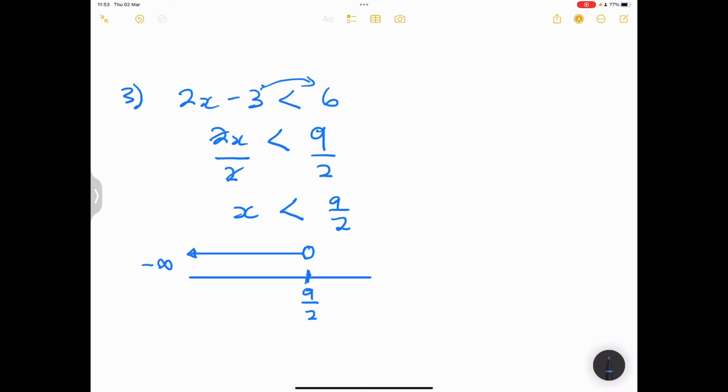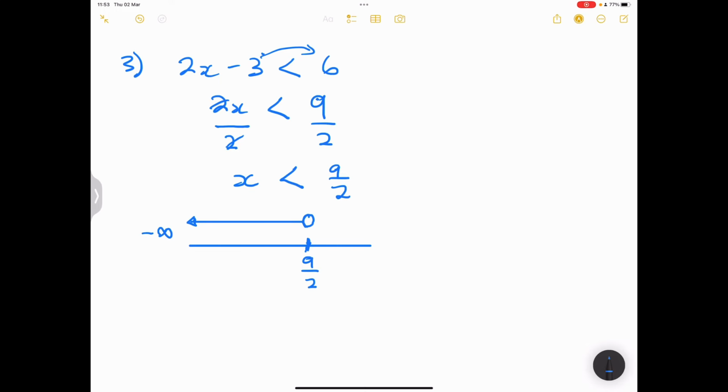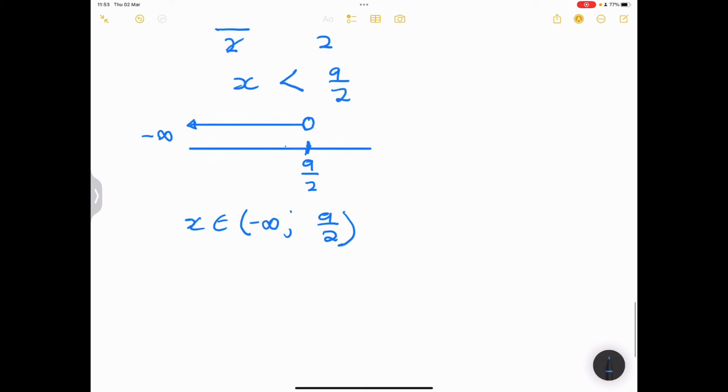So for all values of x that are less than 9 over 2, x would be an element of negative infinity. Remember, we write it in ascending order, all the way up until 9 over 2. And 9 over 2 is not included, so we're going to use a round bracket.